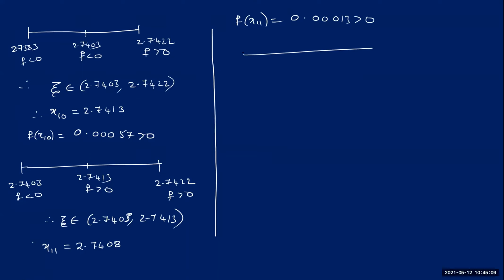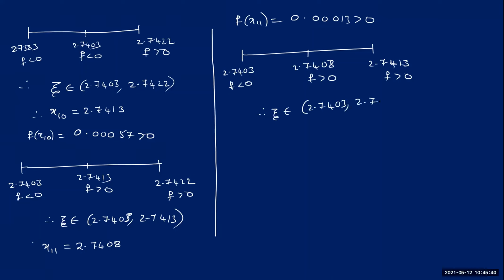So therefore, if I take the next interval before getting x11, see, this is the interval 2.7403 and 2.7413. Right, see here the function value was negative and here it was positive, and at the middle point 2.7408 we got the positive function value. So therefore, now the root lies between 2.7403 and 2.7408.